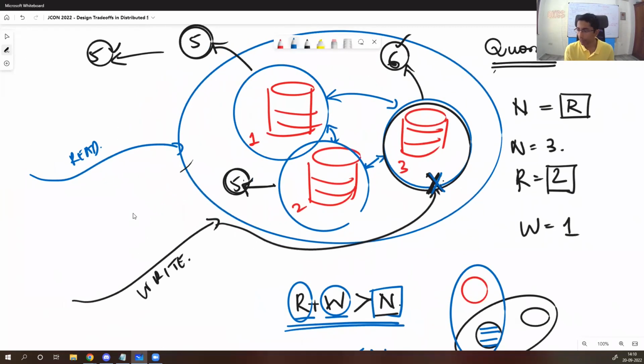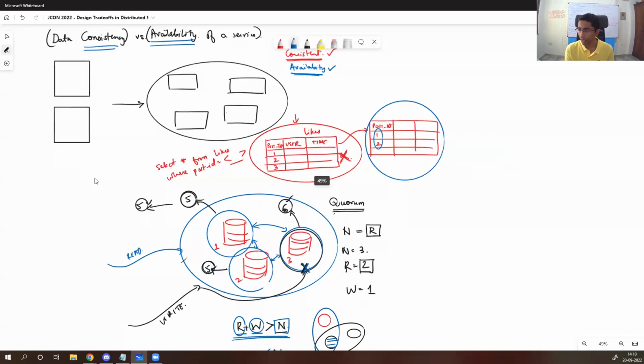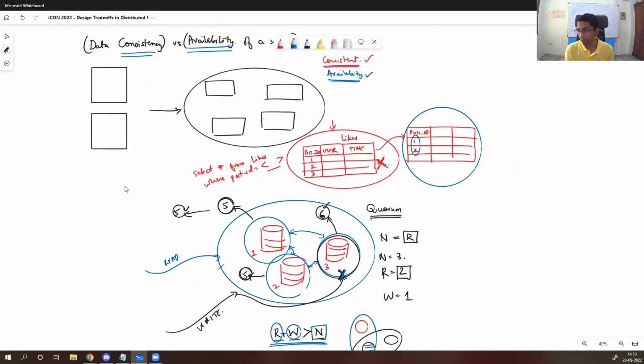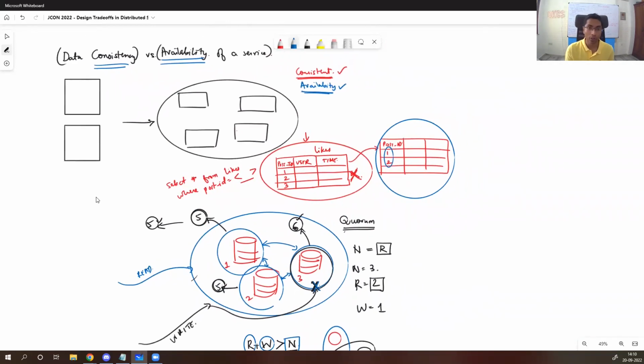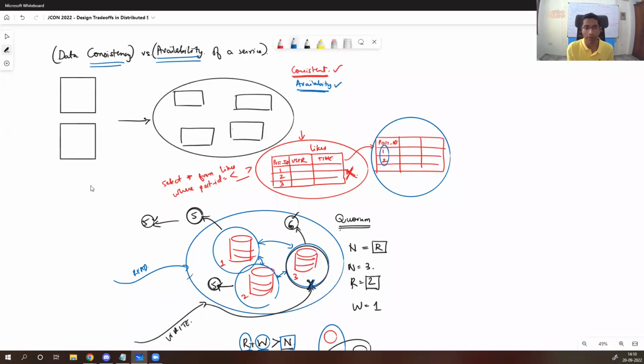So this is consistency versus availability. Very commonly asked. Whenever you're designing a system, maybe even with your team, you might be thinking about one service or one part of the service: should I make this consistent or available? What kind of trade-offs can I use?